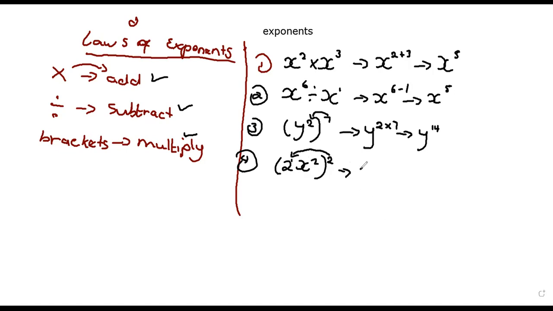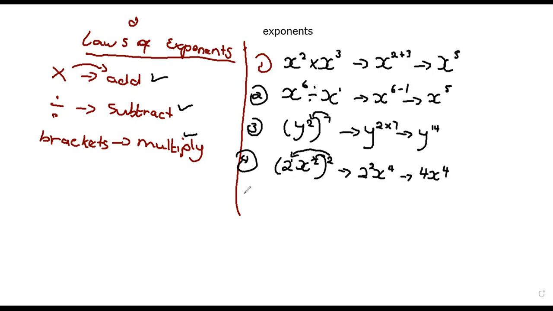So it's going to be 2 to exponent 2, because this will multiply that one. Then it also multiplies this one. So x to exponent 4, because 2 times 2 is 4. So 2 to exponent 2 is 4. Basically, you have 4 x to exponent 4, like this. I hope it makes sense.